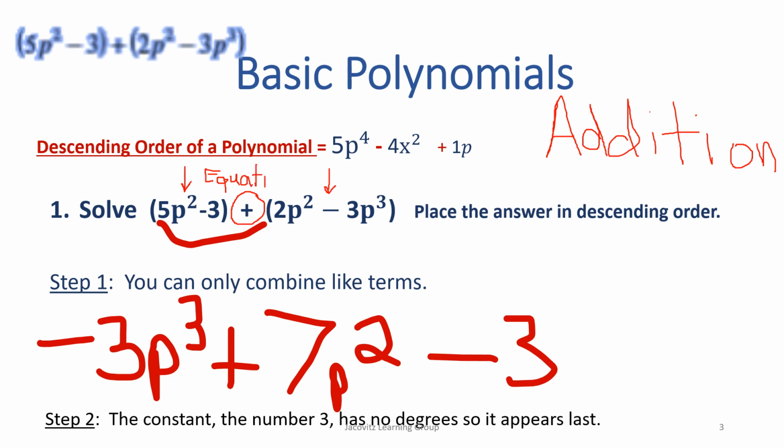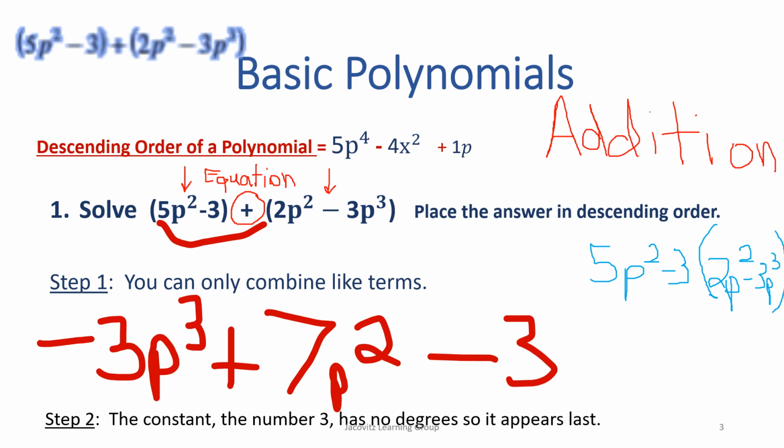Okay, and if you had this, like here, I'm going to write this over here in blue. If you had 5p squared minus 3, and then you had a straight bracket here where you would say 2p squared minus 3p cubed, then you know that you're multiplying.